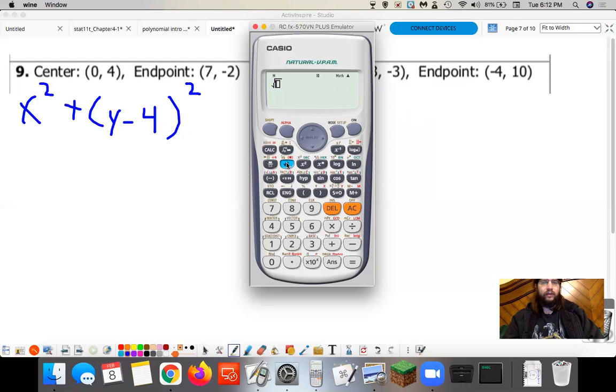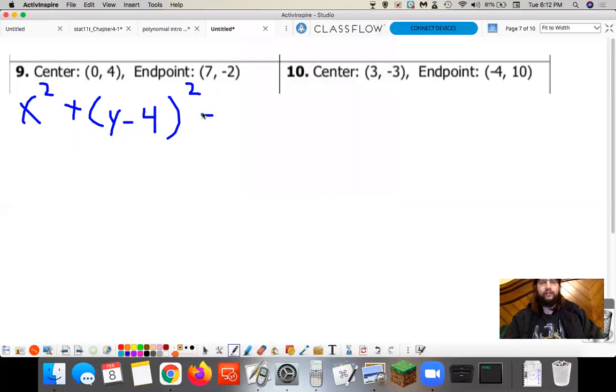We can work it out if you really want to. (0 minus 7) squared plus (4 minus -2) squared gives us square root of 85. Square that, you get 85. Yay.